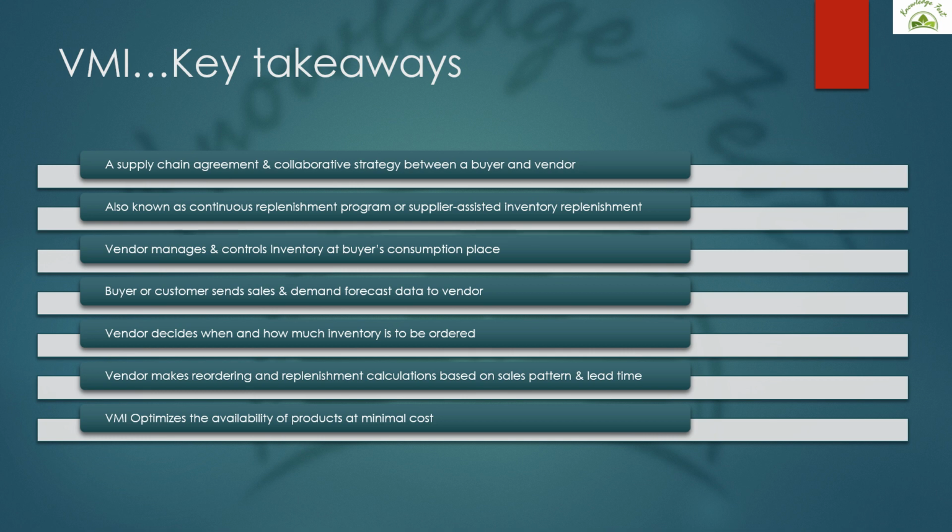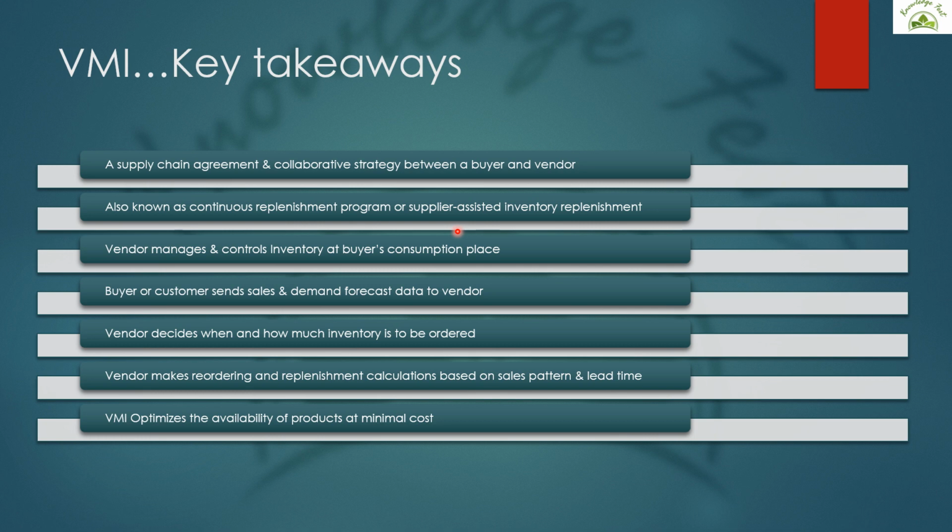But in the VMI model, instead of the buyer, the vendor is managing the inventory. Basically, VMI is a supply chain agreement and a collaborative strategy between a buyer and a vendor. It is also known as continuous replenishment program and supplier assisted inventory replacement. So these are the different names for vendor managed inventory.